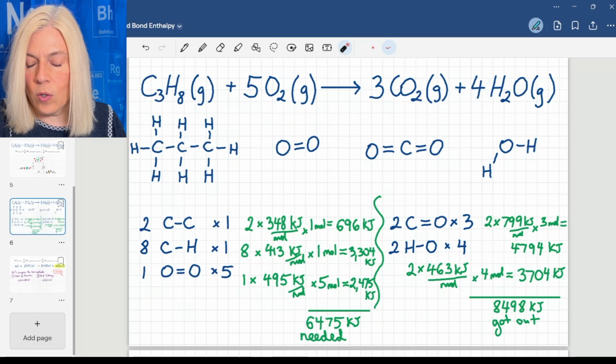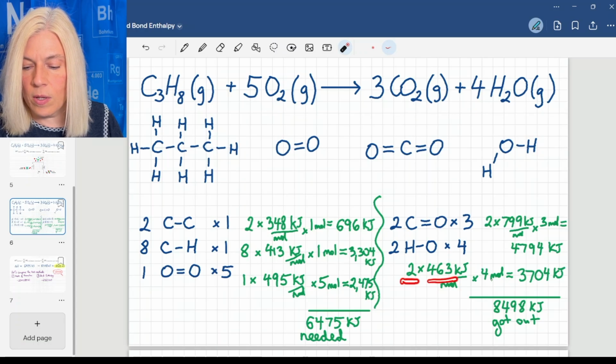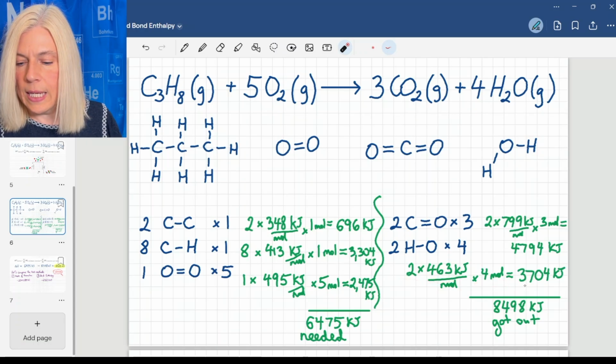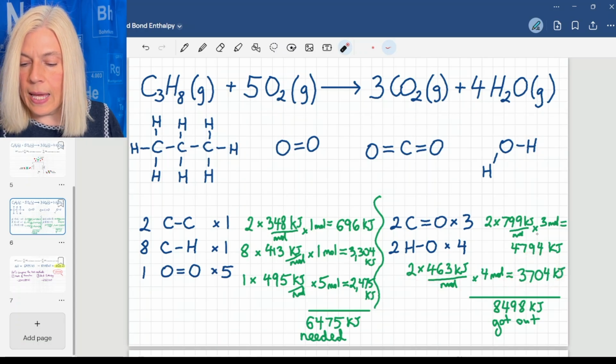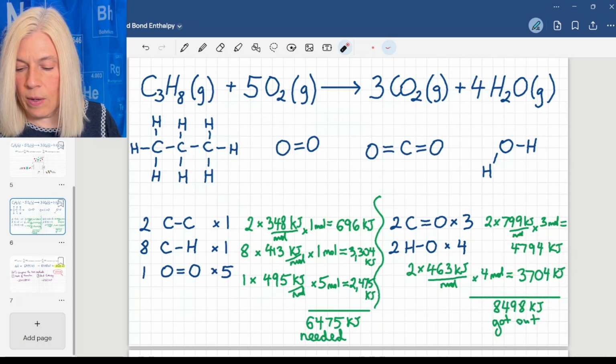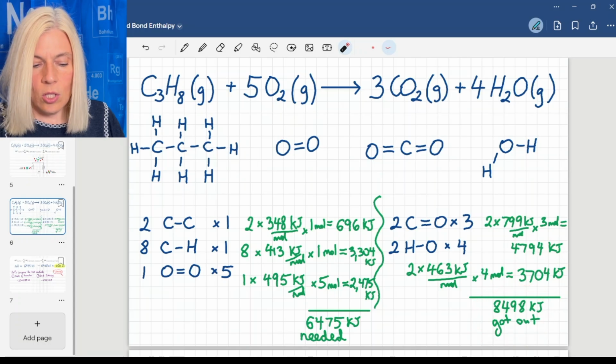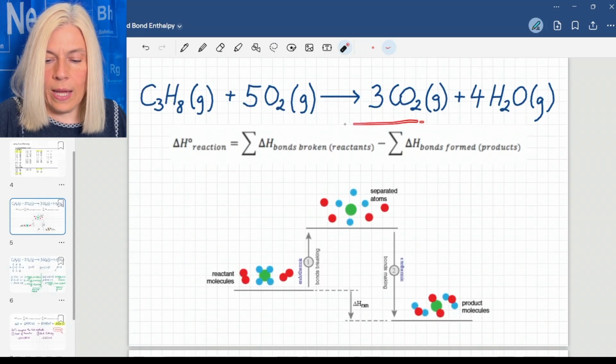Each water molecule has oxygen-hydrogen bonds, but I have 2 of these bonds, and 4 moles of water. Here is my amount. I add up how much energy is released, and I'm going to get 8,498 kilojoules.